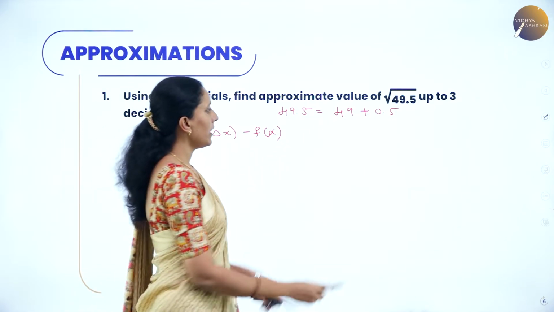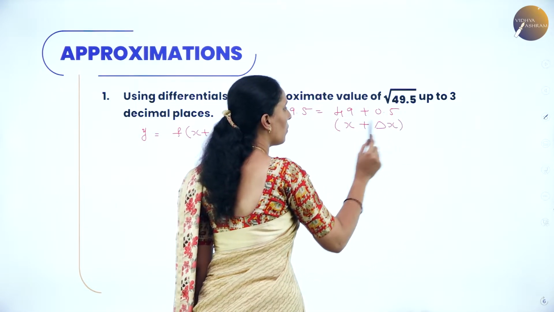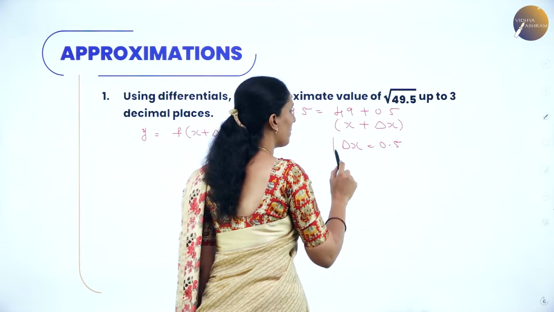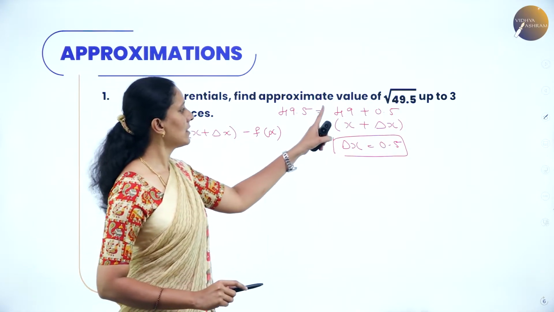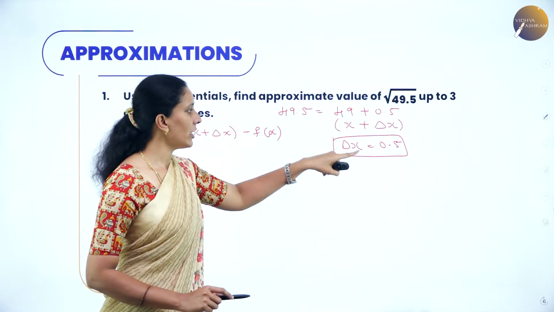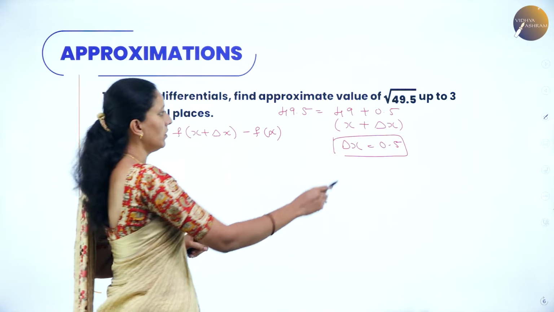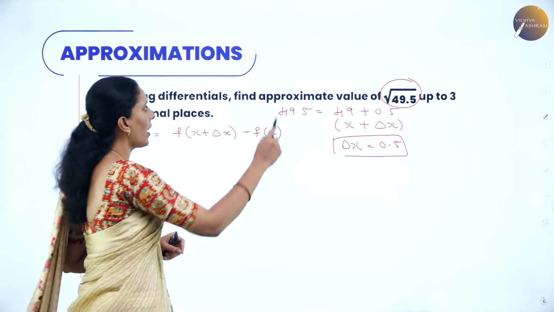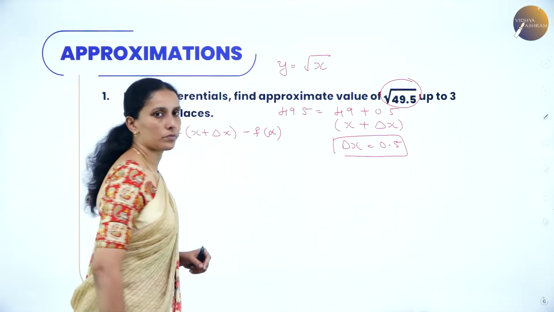So this can be expressed in the form of x plus delta x. So what is delta x? Delta x is equal to 0.5, remember. So 49.5 can be expressed as 49 plus 0.5, where we can take x as 49 and delta x as 0.5.